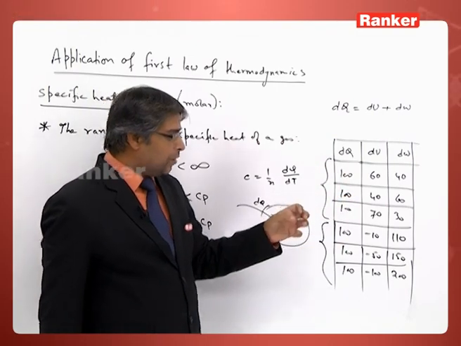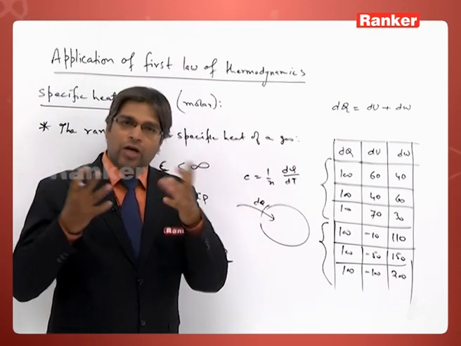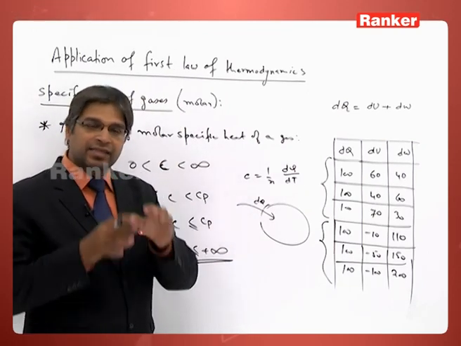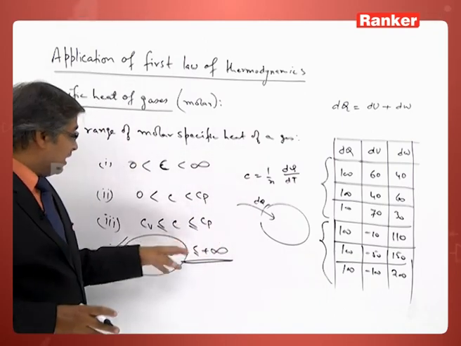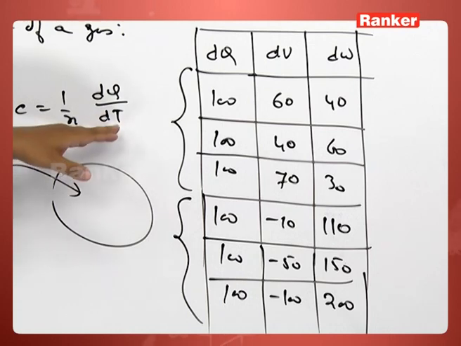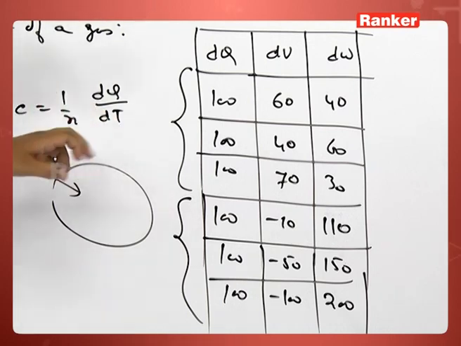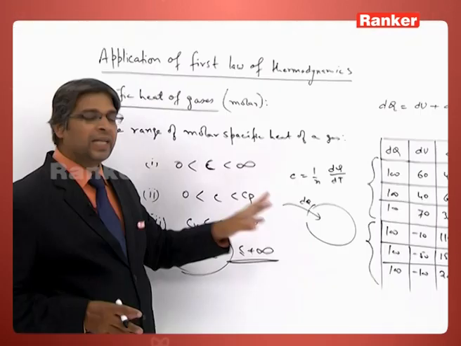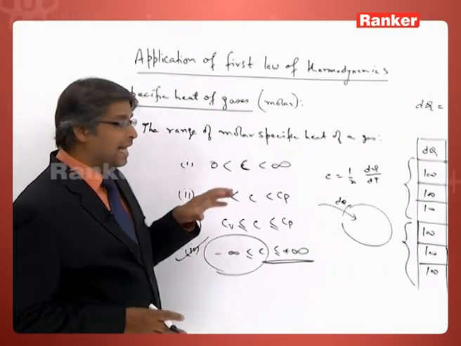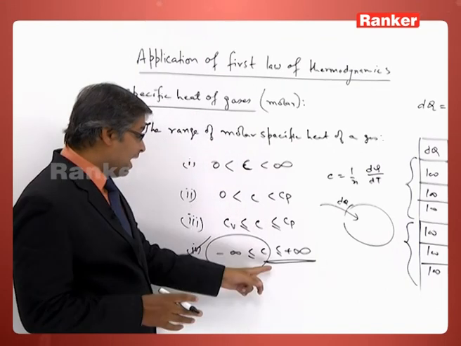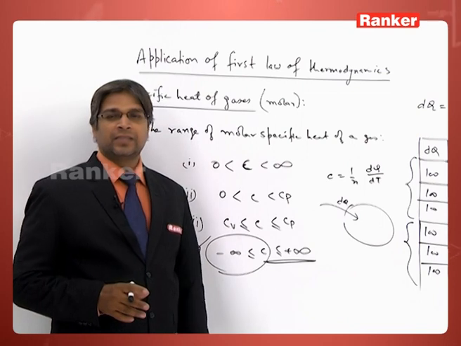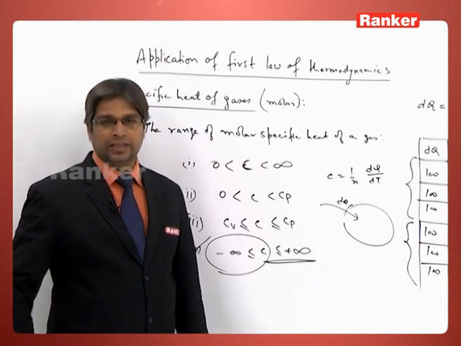Whenever the gas does more work than the energy it gets, delta U becomes negative. Temperature is related to the change in internal energy, so delta T becomes negative and C becomes negative. Thus for an ideal gas, we can have minus infinity to plus infinity as the molar specific heat.